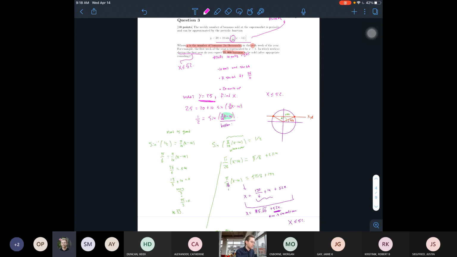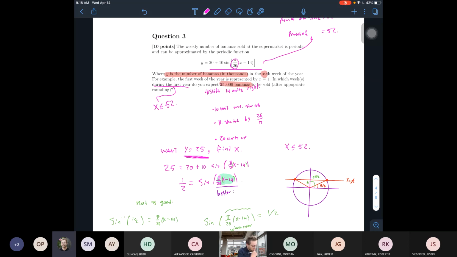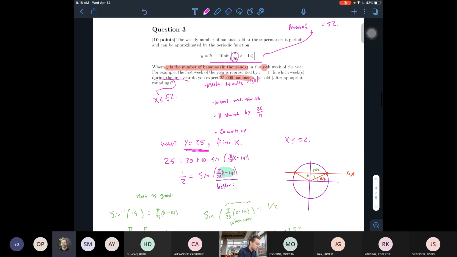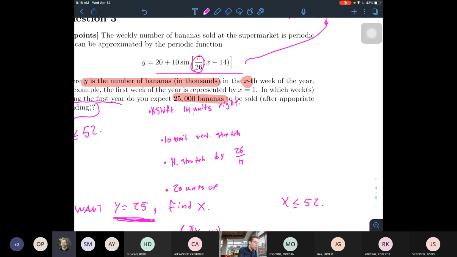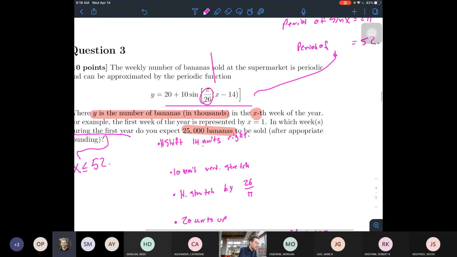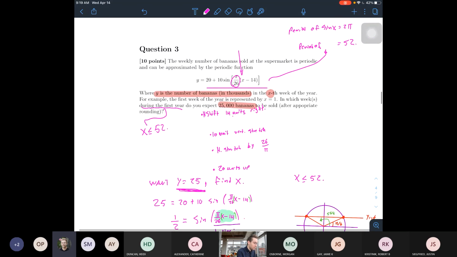Yeah, I was amazed actually. Some students were very persistent with this problem. I think there were one or two students who literally plugged in every single value of x which was between 0 and 52. And that was really impressive to me. It works. I mean, you can find the weeks. It's just very tedious to compute this 52 times.